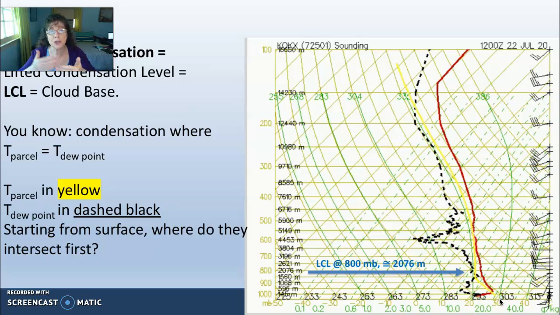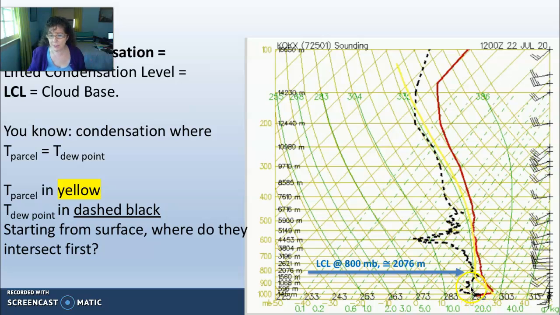Everything we do to construct the parcel in yellow here, we do by calculations. They're very simple calculations. Literally, they're addition and subtraction. So the sounding balloon takes the measurements for the red line and takes the measurements for the black dotted line. We create the measurements for the yellow line, the parcel lapse rate.